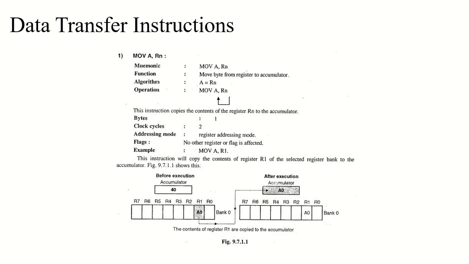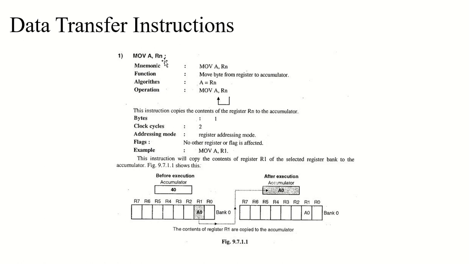Let's say move A comma Rn, or move destination byte comma source byte. On the left-hand side you write the destination byte, and on the right-hand side you write the source byte. That is the mnemonic.